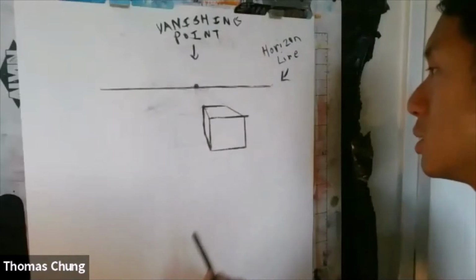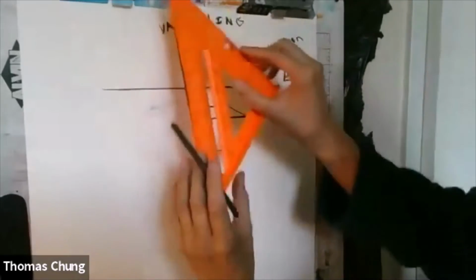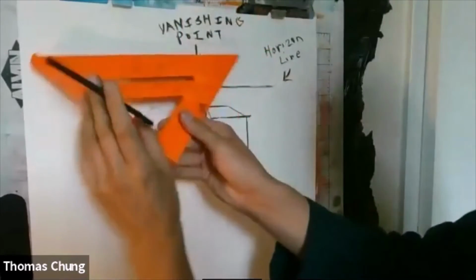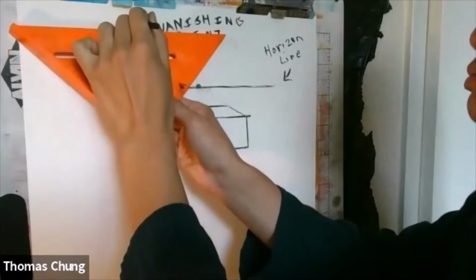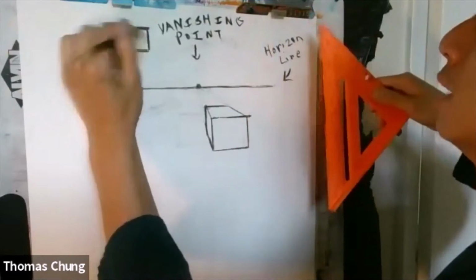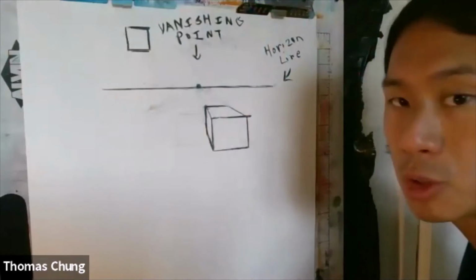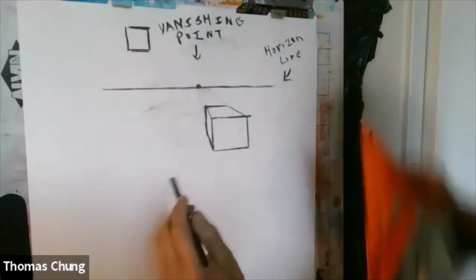So I want you to do several boxes like this in 1-point perspective and place them at different places around the vanishing point in that horizon line. So here I'm gonna make one above the horizon line. So in 1-point perspective, all lines are either perfectly vertical, perfectly horizontal, or aiming towards the vanishing point.